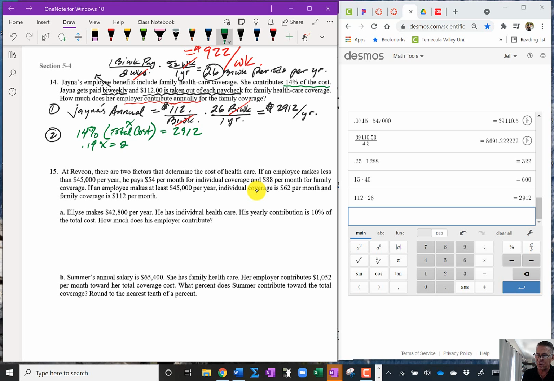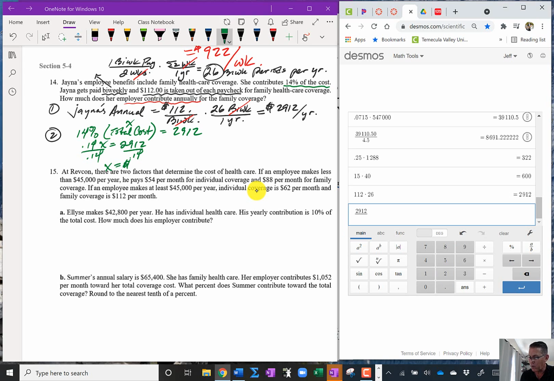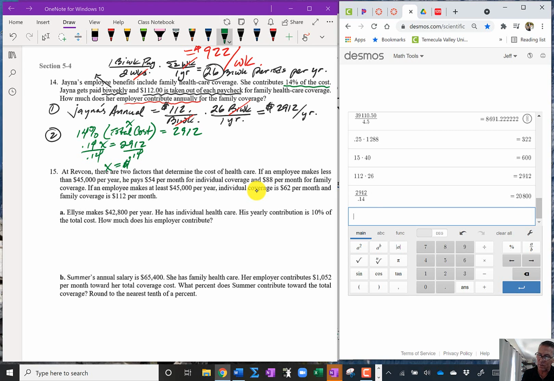She pays $2,912. That's what Jana pays. Her employer pays the rest of it, which is the majority, which is kind of nice. That's why benefits are so important when you get a job, because if you had to pay $20,800 out of your salary, that would be way too much money.